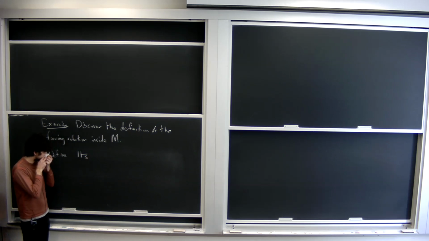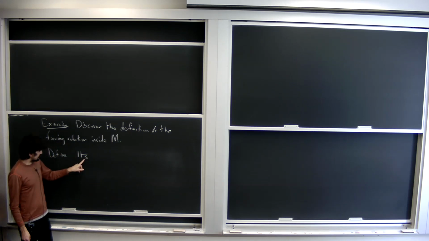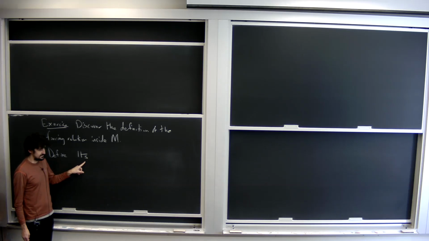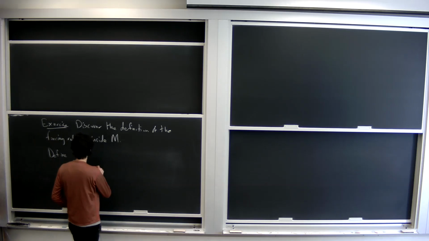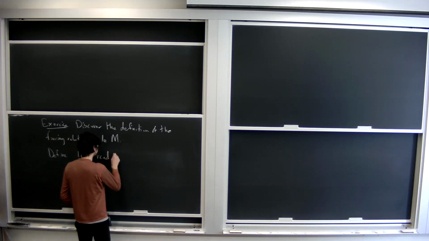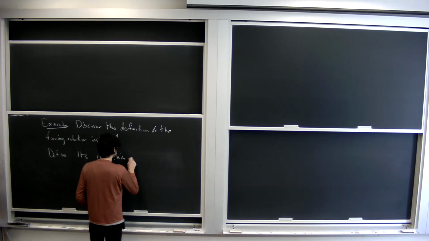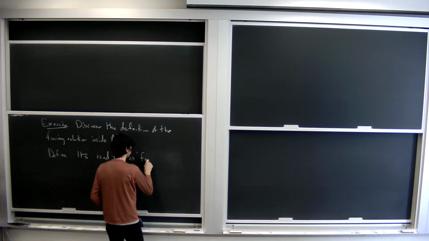Okay, and we should read this as strong forcing or forces in the obvious way. Okay, and then that's going to help you define this. Okay, so read this as forces in the obvious way.